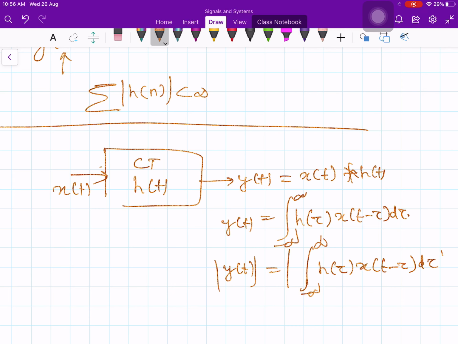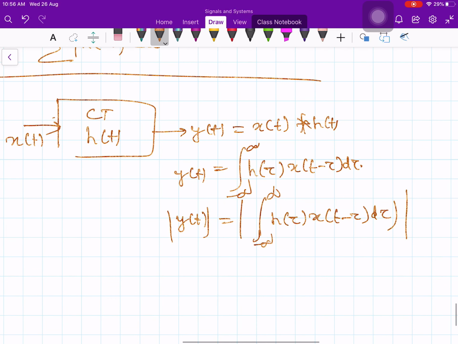Then this will be less than or equal to the integral from minus infinity to plus infinity of the magnitude of h of tau x of t minus tau d tau.